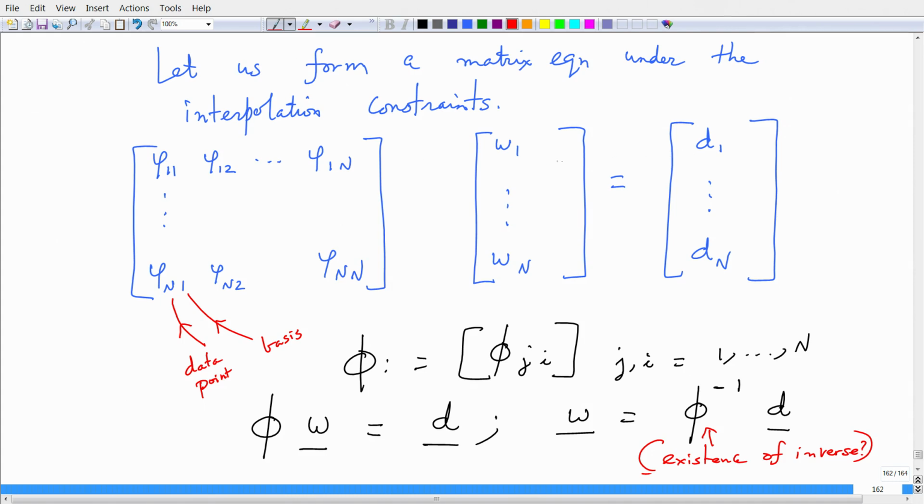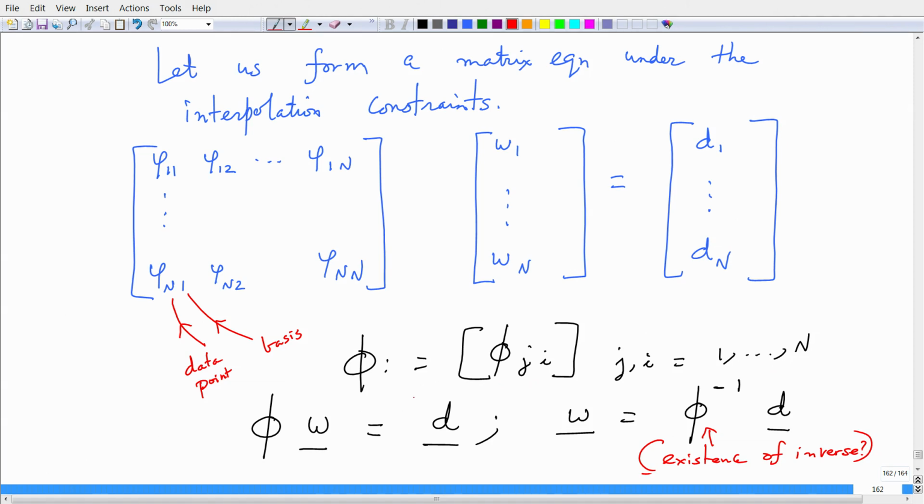Each row corresponds to an equation, right. d1 is phi 1 1 w1 plus phi 1 2 w2 so on plus phi 1 n wn, and so forth for all the points 1 to capital N. So, we form a matrix which is this big phi comprising of elements phi ji, j and i go from 1 to n.